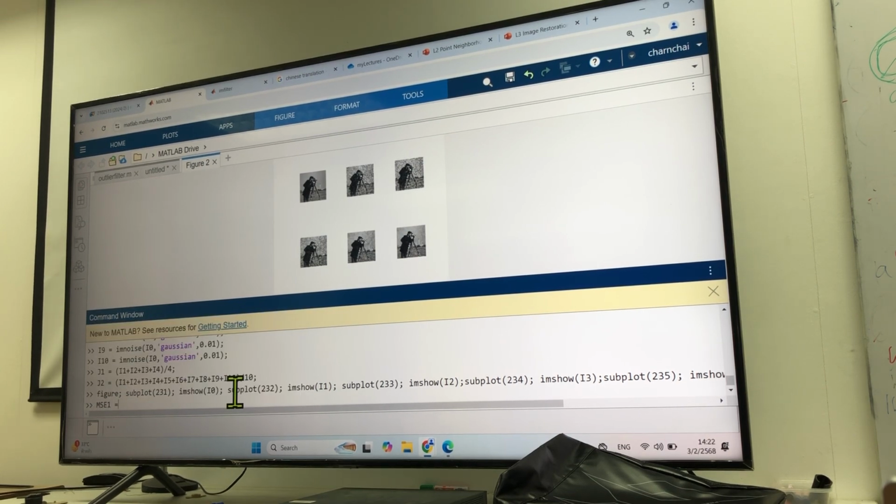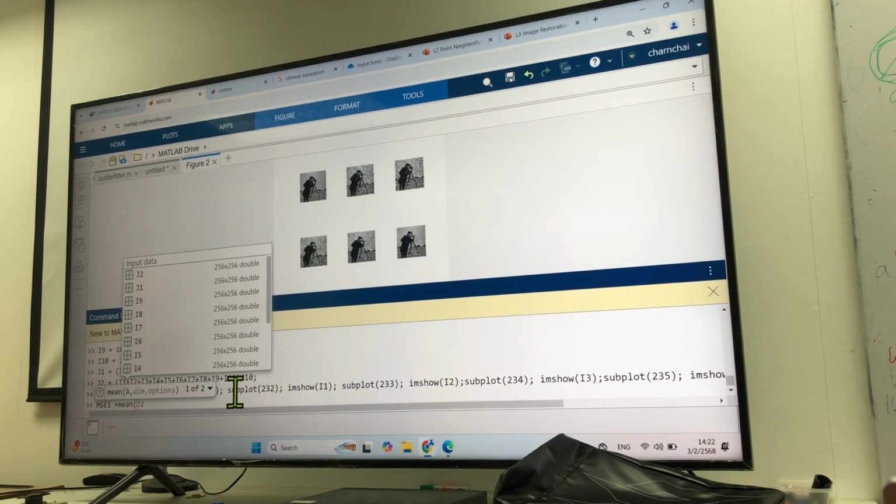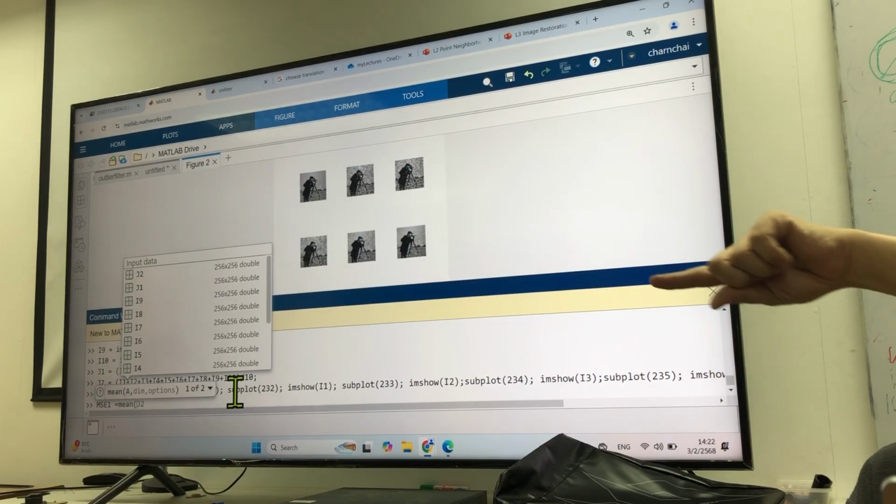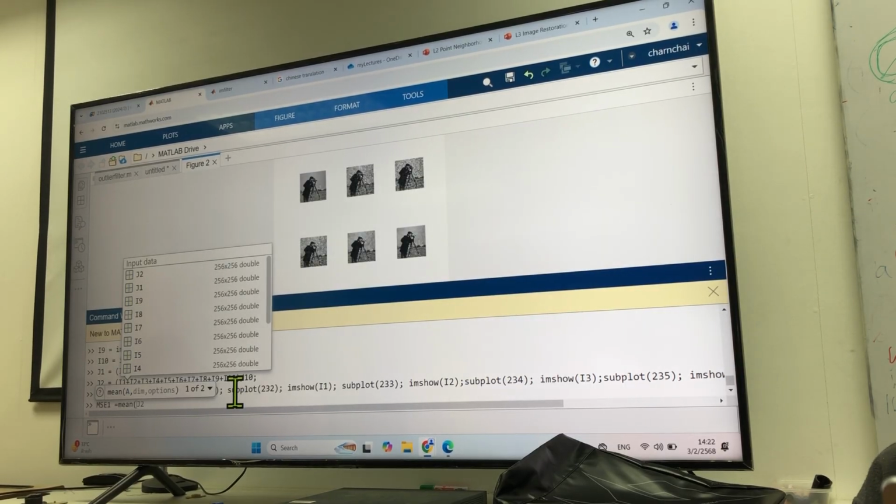MSE1 is the mean. You got to use mean twice, because the first time is mean along the columns, and then you take mean the second time. The first time you get a vector, and the second time you get just a number.